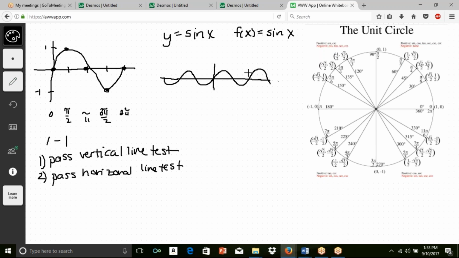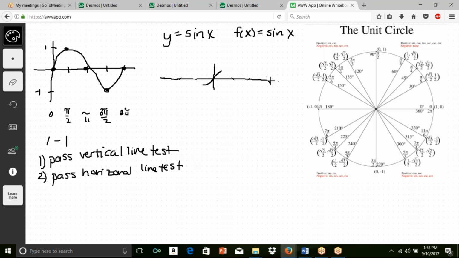Right, so since it fails the horizontal line test, what I have to end up doing is restrict it. So I'm going to take this part away, and I'm also going to take this part away to right there. And I'm also going to take this part away and this part away, okay?